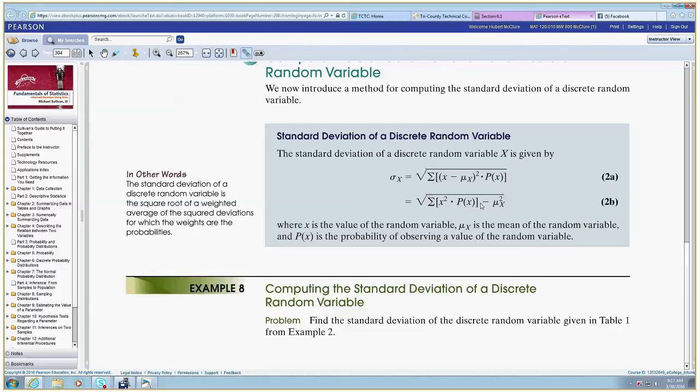The one I use is 2 Bravo. Okay, 2 Bravo. Right here, 2 Bravo. B is Bravo. The standard deviation is equal to the square root of the sum of x squared times p of x, minus the mean squared.